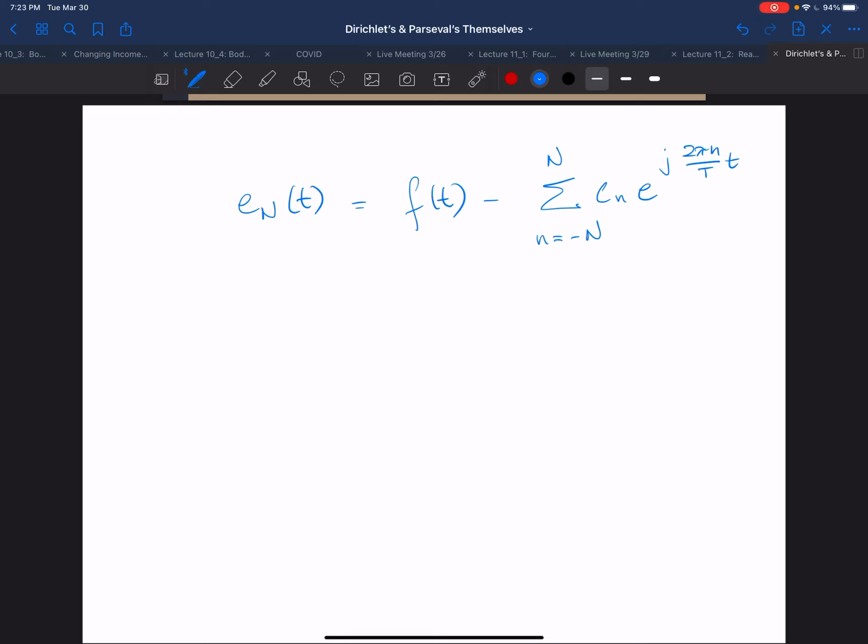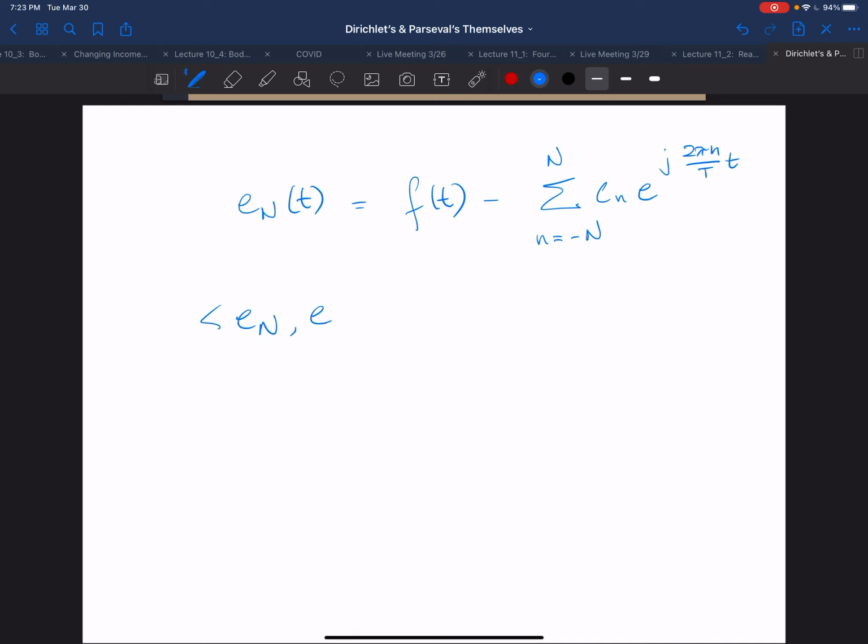So let's try to characterize how big this error signal is. We were just talking about the power in signals, so something we can do is to characterize it by means of its average power. We can find its average power by taking the inner product of E sub N with itself. So let's try doing that.